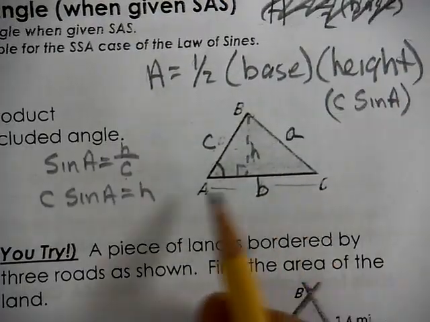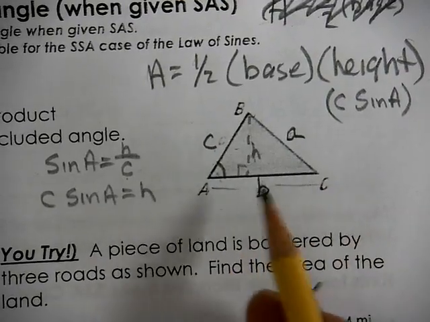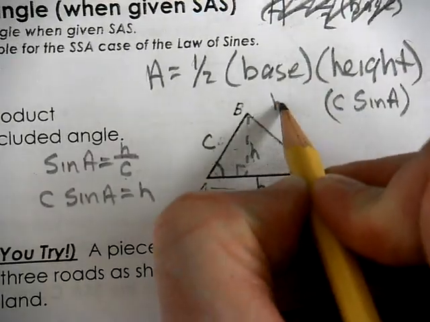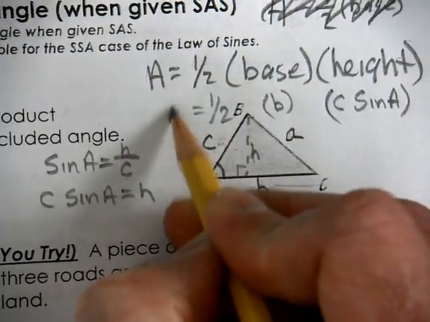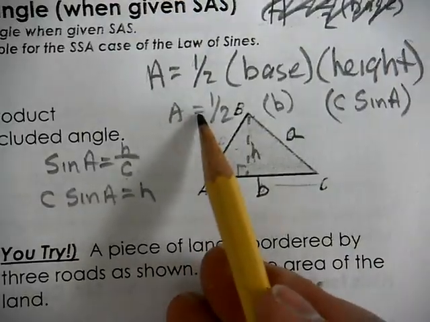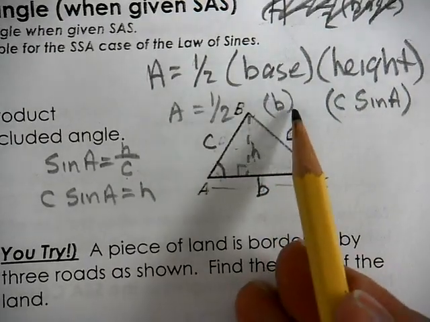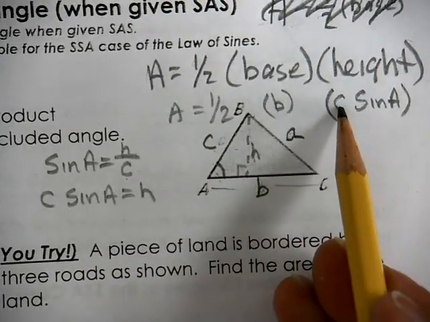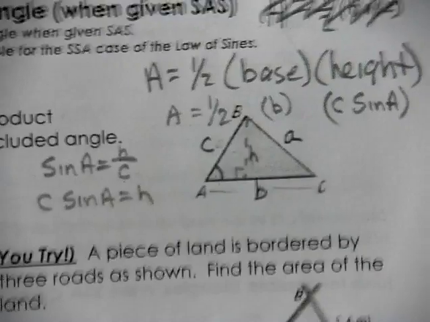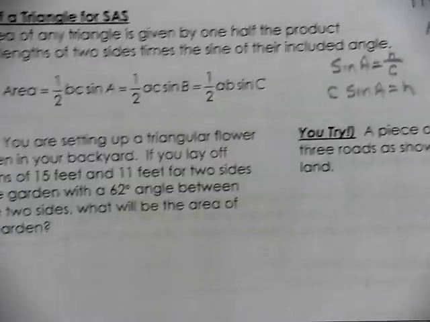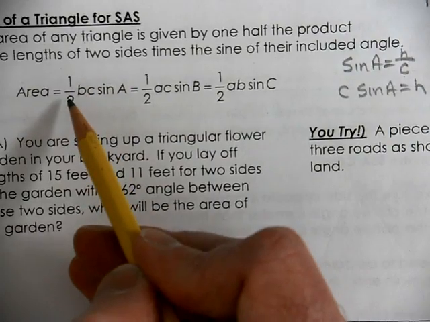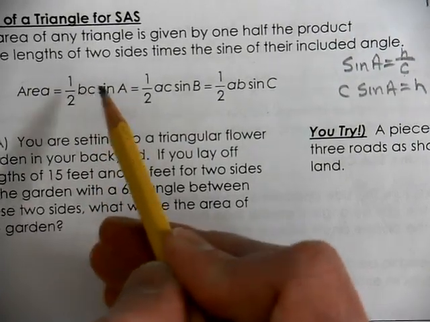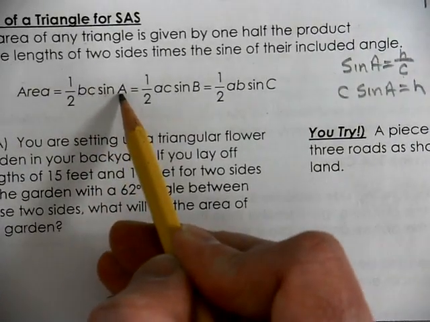The base, in this case, is the B. We have to take half of it, and that's the area. Area equals half B times C sine of A. We come over here, and we see that as our first option. The area equals half of B times C times the sine of A.